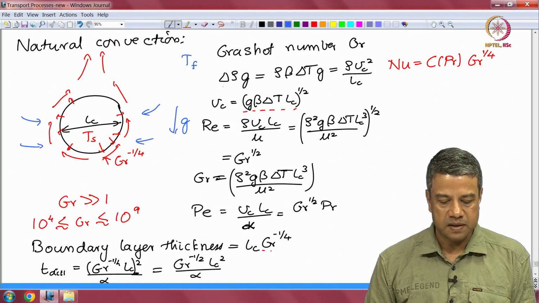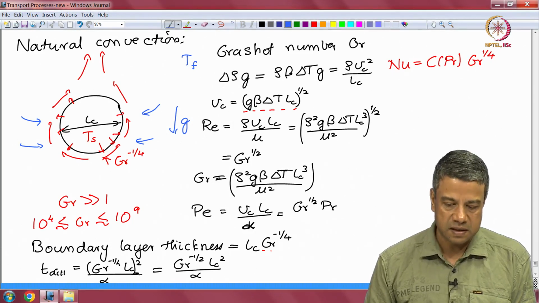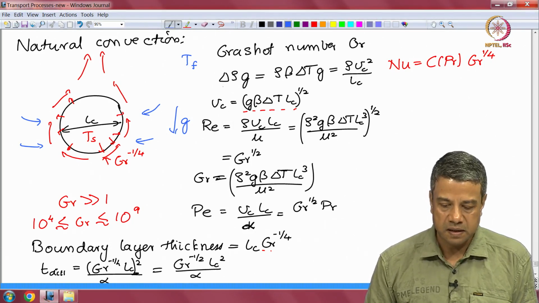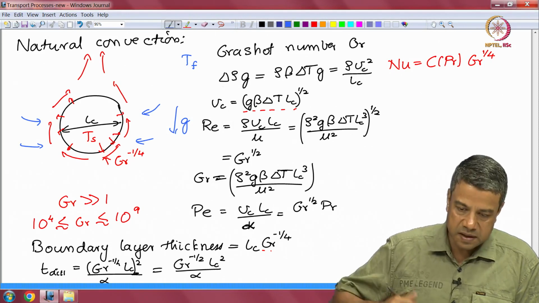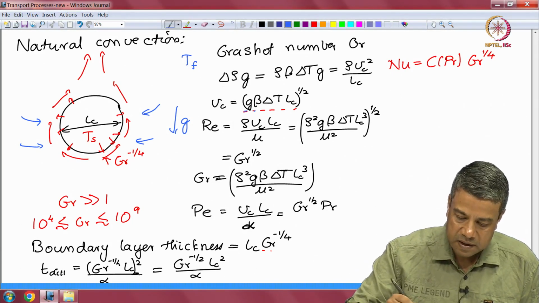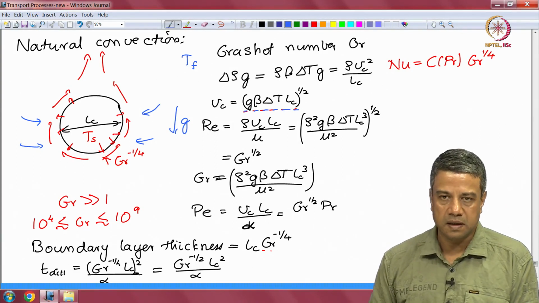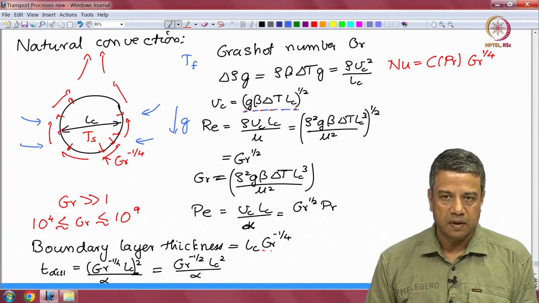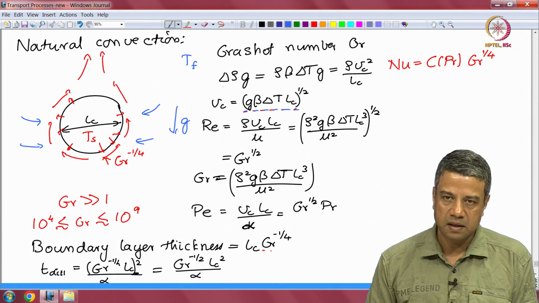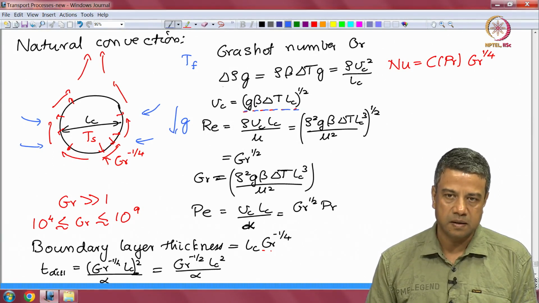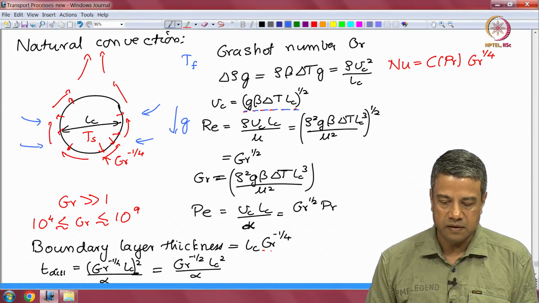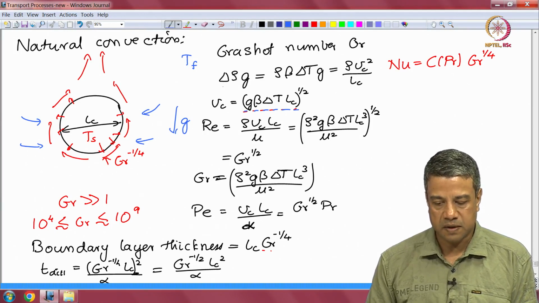If the surface temperature is Ts and the length scale is Lc, the characteristic velocity for convection is determined by a balance between the buoyancy force and the inertial force density, and the buoyancy force density is given by g beta delta T Lc power half.